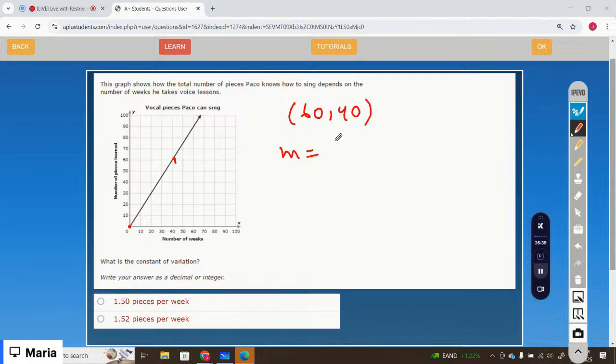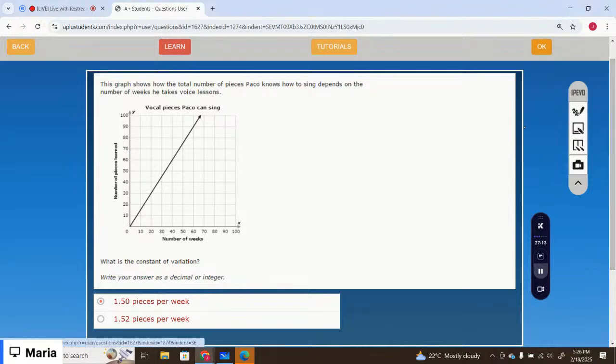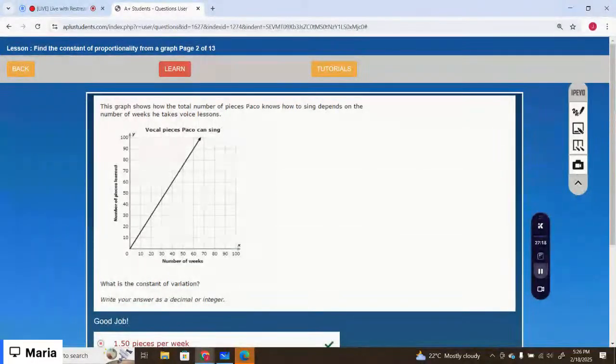Slope is change in y divided by change in x. That is 40, 60. 1.5 again it is. That is 1.5 pieces per week. Option number 1 is the correct option.